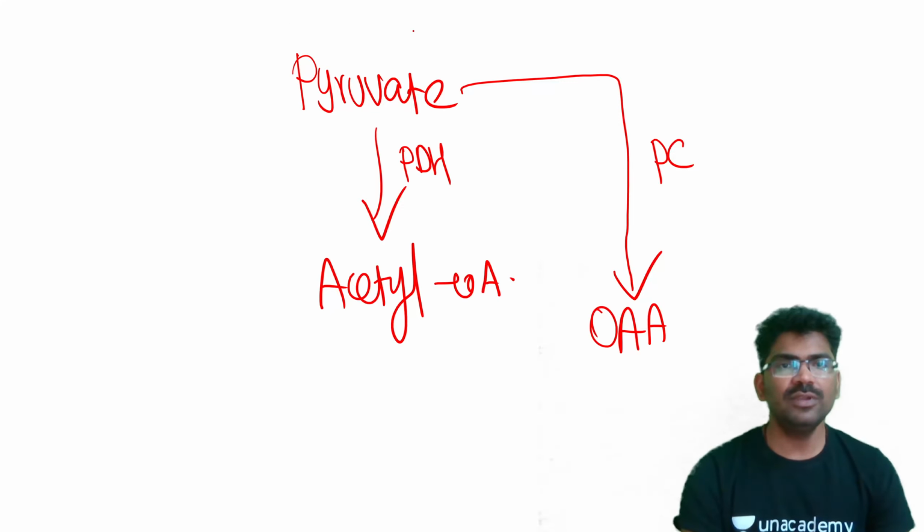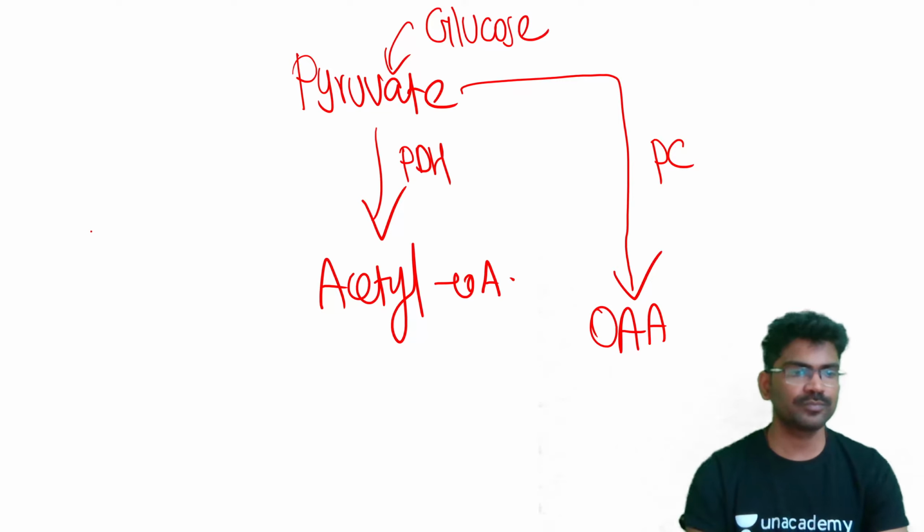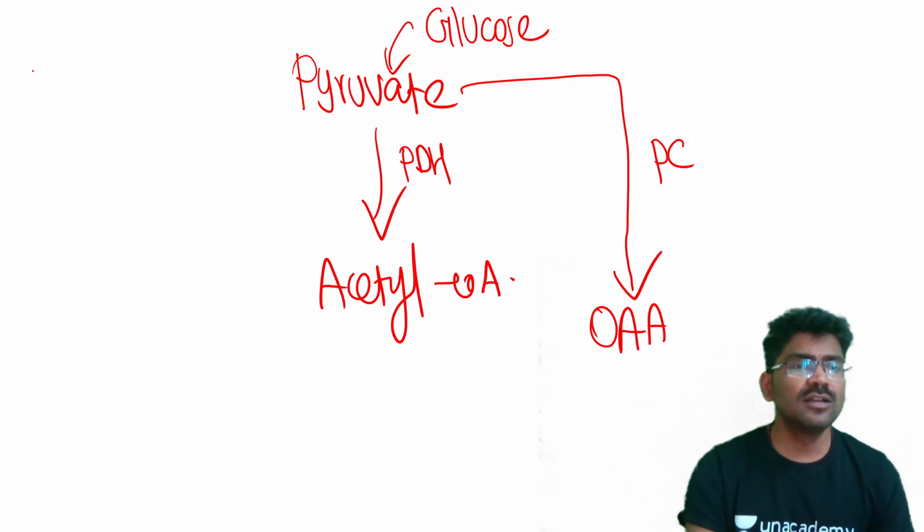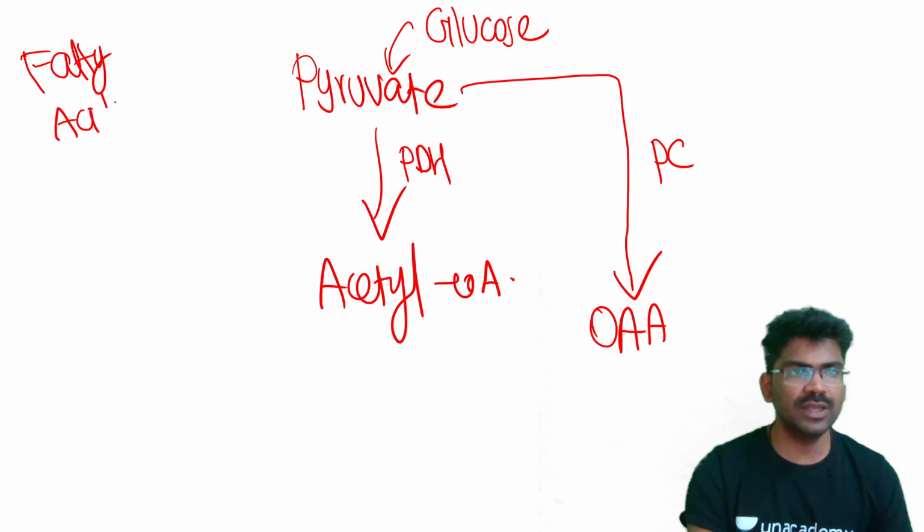The pyruvate is usually produced by glycolysis, that is from your glucose, whereas fatty acids also produce acetyl CoA.